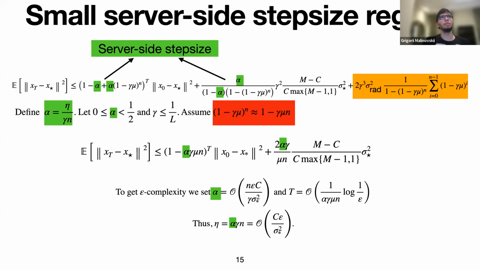And if we use a small server-side step size, we control global variance, which means we control the variance of partial participation. We cannot control both things at the same time, and depending on conditions of this variance, I mean local and global variance, we can use different strategies. But in practice, it's really hard to estimate what regime we have.